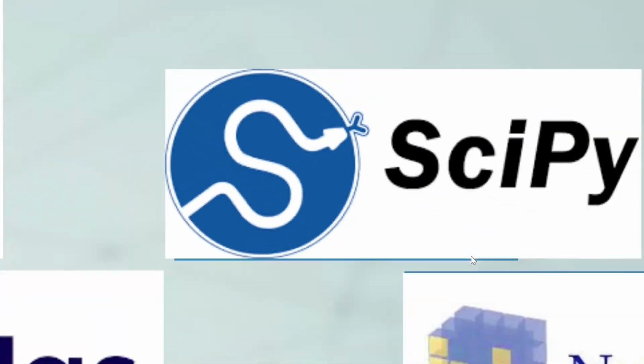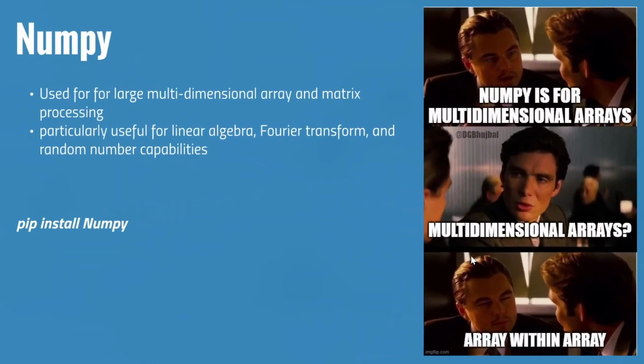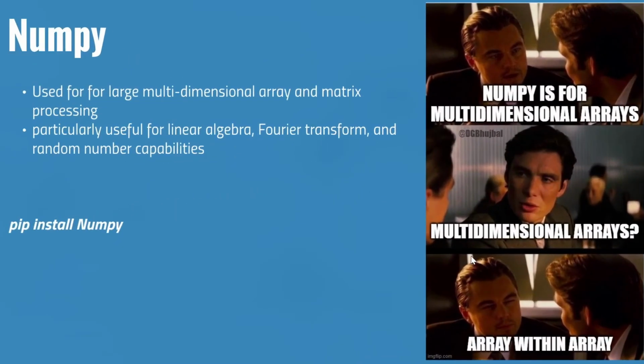With that, let us quickly go to NumPy also. NumPy is used for large multi-dimensional arrays and also for matrix processing. So whenever we have some Fourier transformation, whenever we want to use linear algebra, and whenever we want to generate some random numbers, there are times, especially for data scientists, when you generate some random numbers to fill in the gaps, or just to test certain things, you want to seed some random numbers.